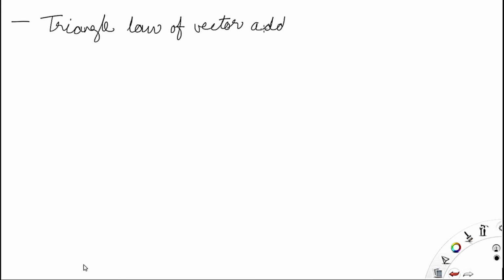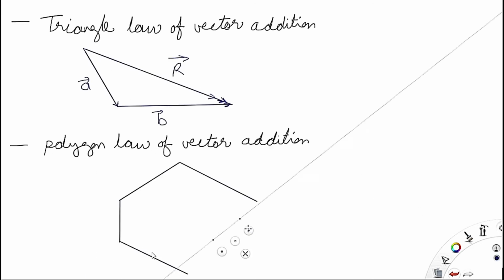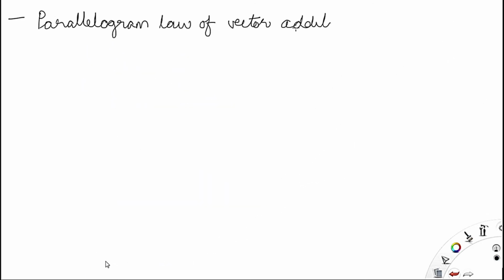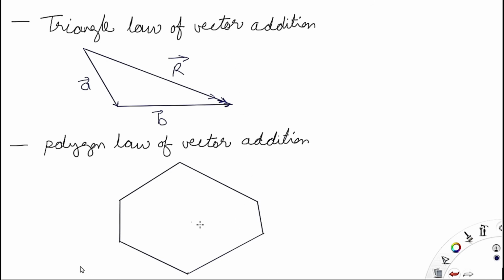Now we will see vector addition. Okay, so in vector addition we have three laws. First law is the triangle law of vector addition. So triangle law of vector addition means there are 3 sides of any triangle.